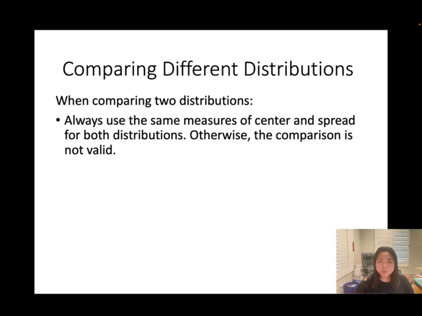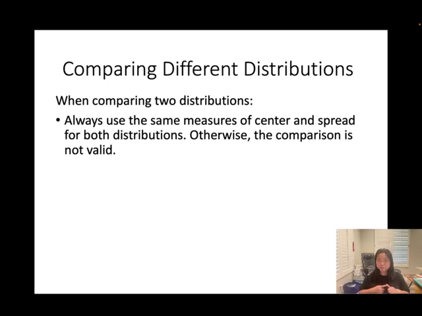When comparing 2 distributions, always use the same measures of center and spread for both distributions. Otherwise, the comparison is not valid. So when you have 2 different distributions and you want to compare the measure of the center and the spread, you have to use the same measure of the center and the spread.